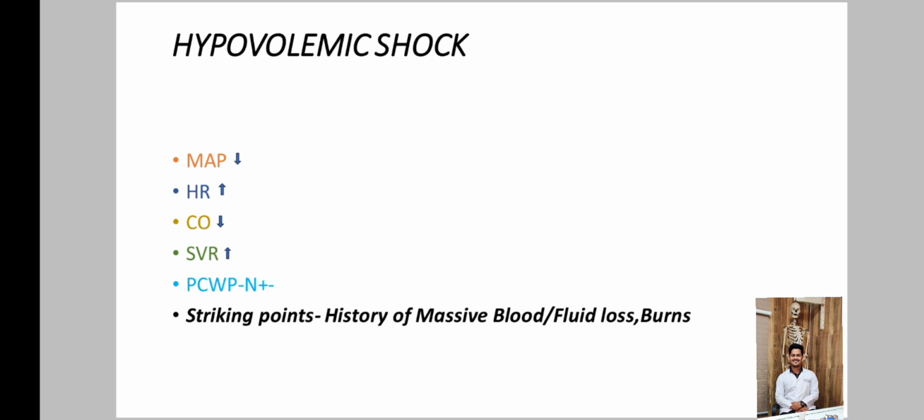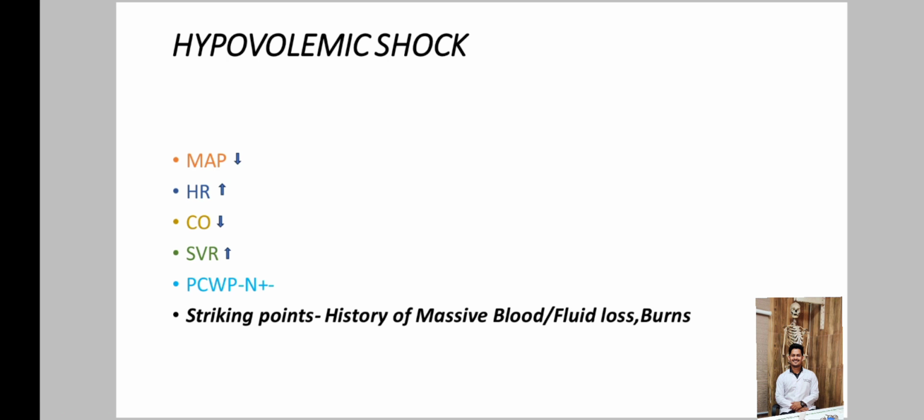As the blood pressure is the byproduct of cardiac output and the systemic vascular resistance, and in the simpler equation it is the stroke volume into heart rate into total peripheral resistance. So breaking down the cardiac output, the cardiac output is stroke volume into heart rate.